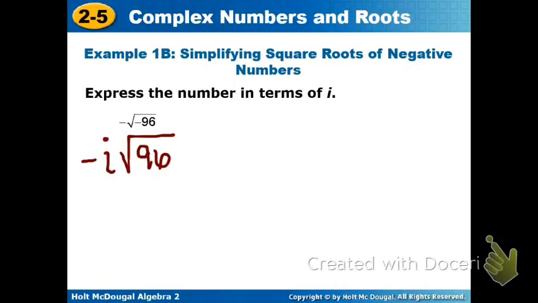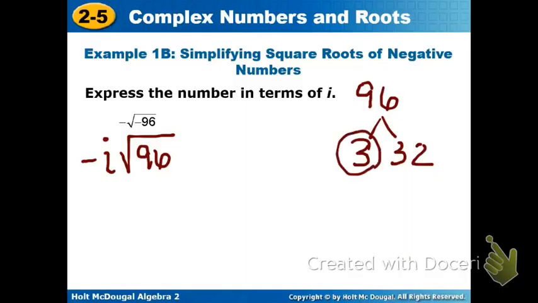Okay? So I'm going to pull that 96 over here so that we can break this down. I know this is divisible by 3. And then it'd be 3 and 32 to make 96. 3 is prime. I'm going to leave it, circle it, break 32 down. 4 and 8. 4 breaks down into 2 times 2.